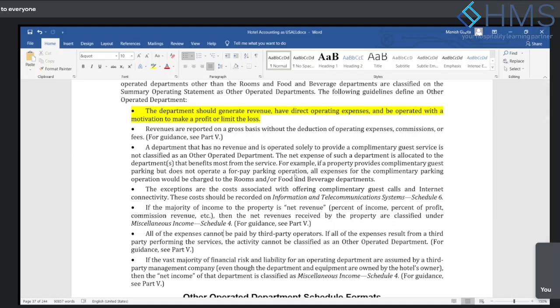So that's the majority for other operating departments. In many hotels, business hotels or resorts, the majority of the profitable departments would be the spa and health club. Now, spa and health club can be separate P&Ls, or they can be one P&L, depending on how the hotel is structured and who is managing it. Sometimes the spa is managed by a separate person, and the health club is managed by a separate person.